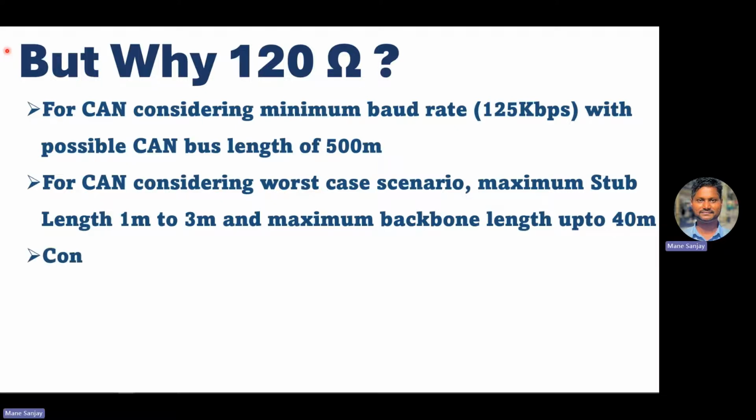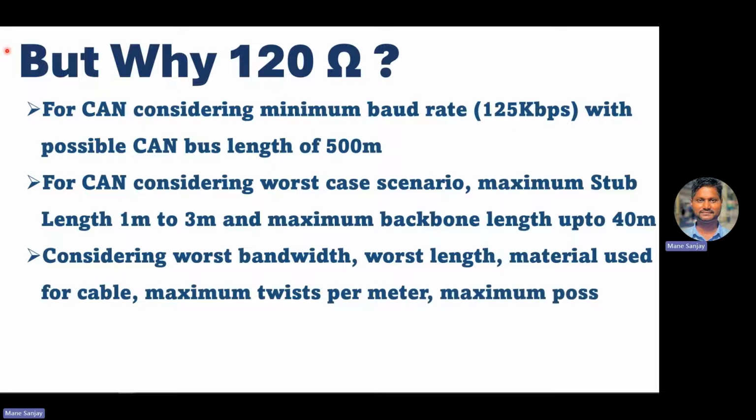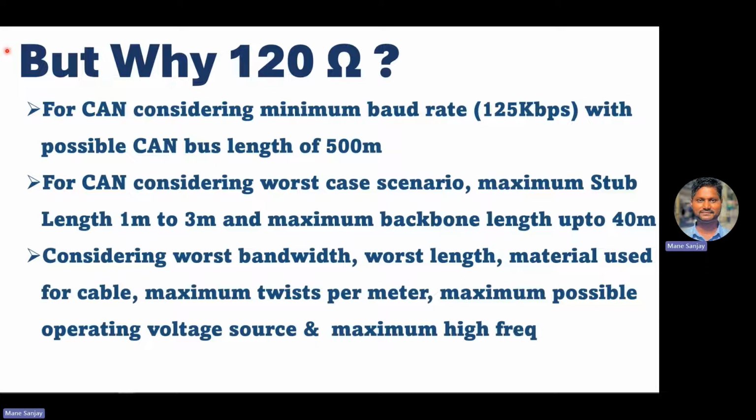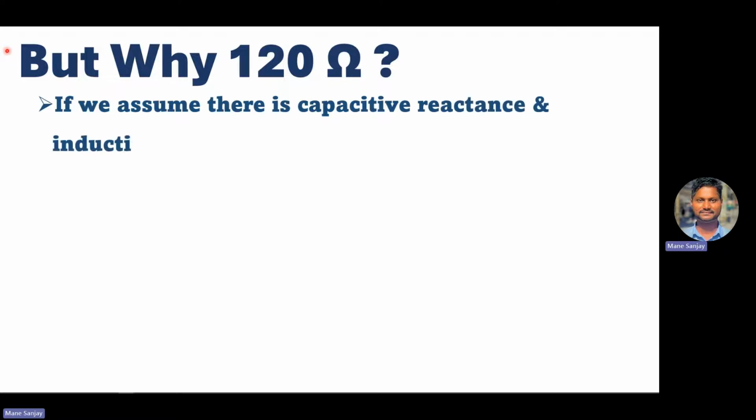So considering the worst case bandwidth, worst length of the CAN bus, and the material used for the cable, the maximum twist allowed per meter in the stub length as well as in the main backbone, the maximum possible operating voltage used, and the maximum high frequency signals introduced into the CAN network. If we consider everything, then we assume there is a capacitive reactance present in the network as well as an inductive reactance.